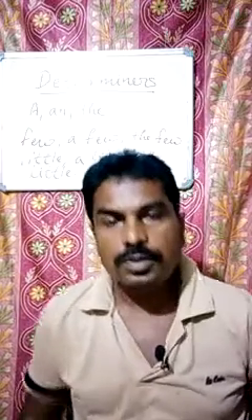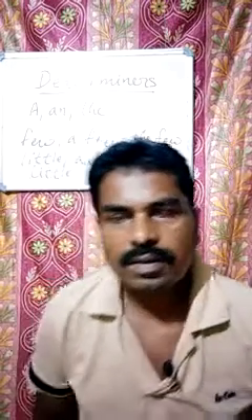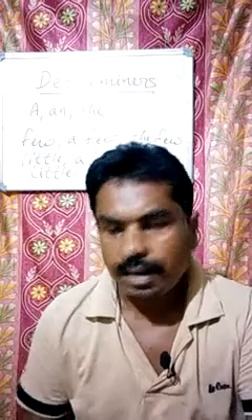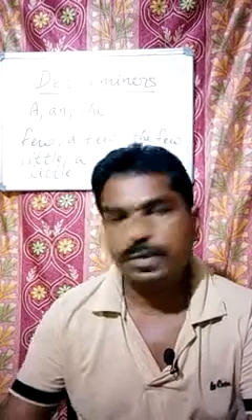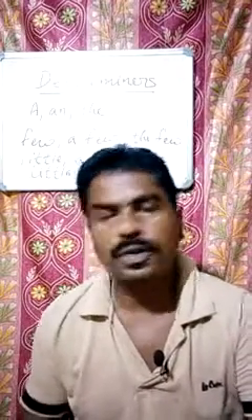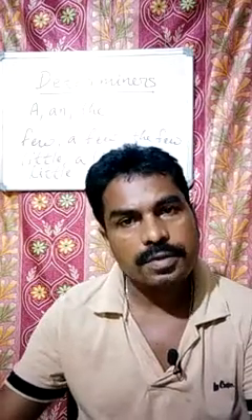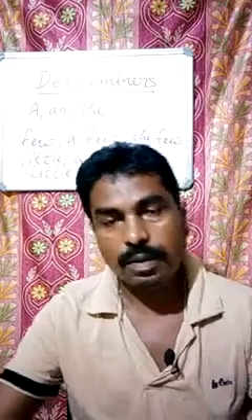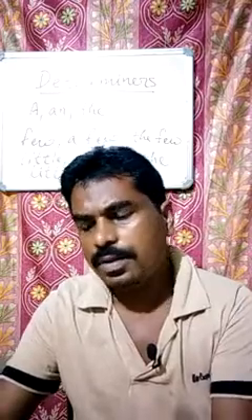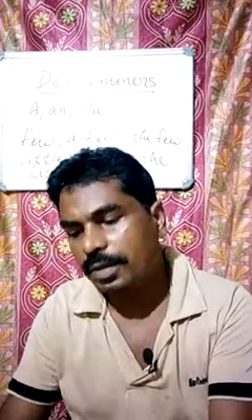Now let us come to the use of some more common determiners. And those determiners are, you see, we have countable nouns and we also have uncountable nouns. Certain determiners can be used with only countable nouns and some only with uncountable nouns.